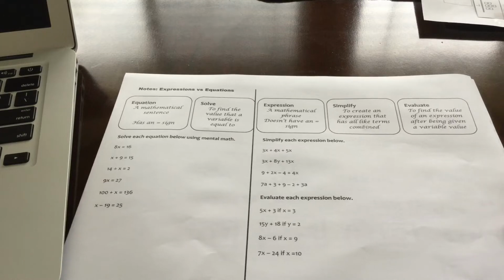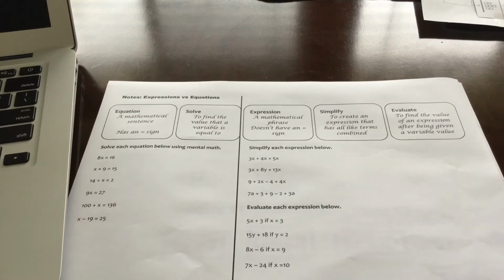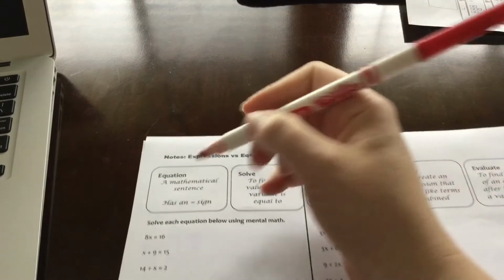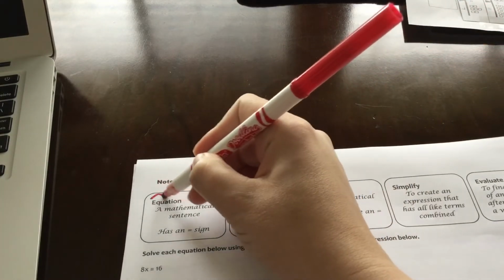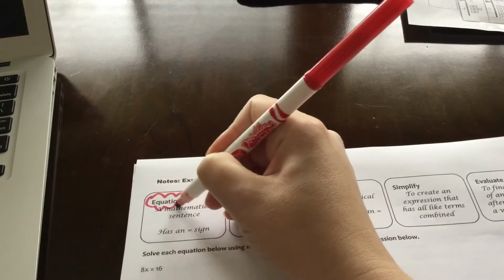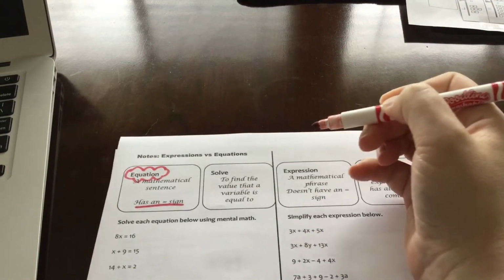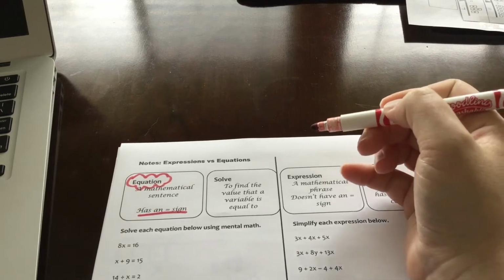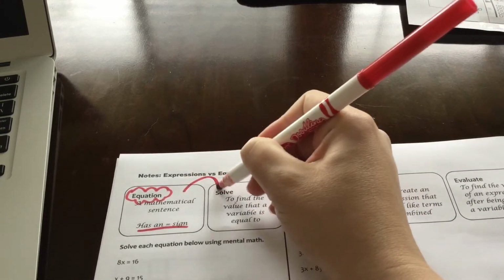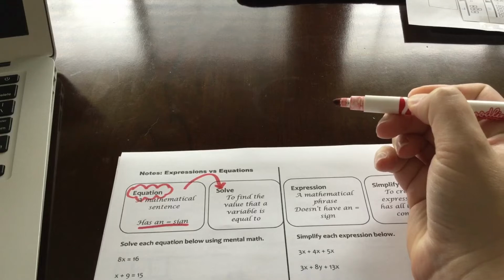There are other things that you can do with expressions and equations also. For instance, because an equation is a mathematical sentence, it's going to have an equal sign. If you know what an equation is equal to, you are able to do something called solving.